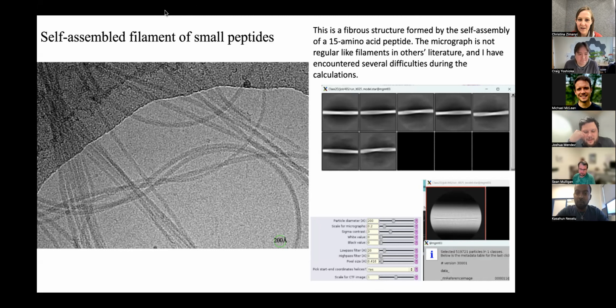I know I had a colleague one time that did this for cardiac muscles, and he had to manually pick end to end of the filament, and then write a script that would pick the particle section with some overlap, so he knew the repeating pattern. It was a whole process. So it will not be your standard process where I get a result in a week. It will be, let me think what I'm doing and why am I doing it.